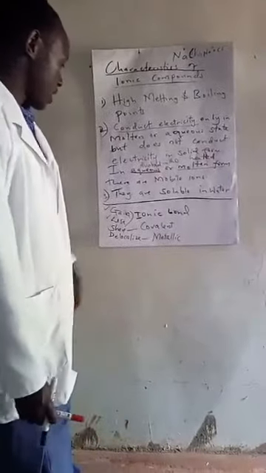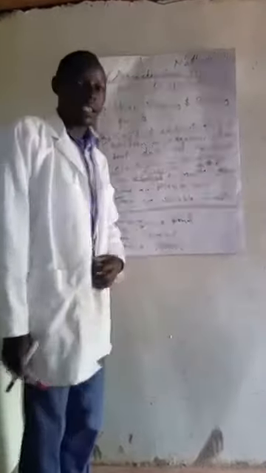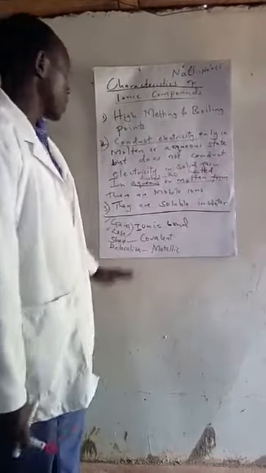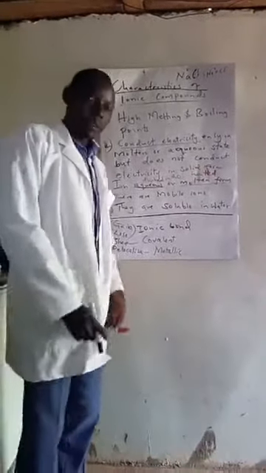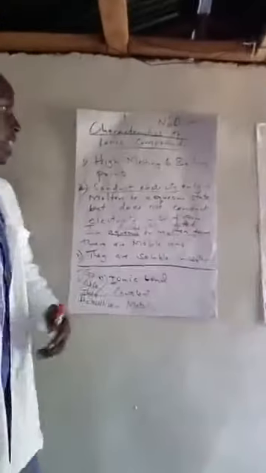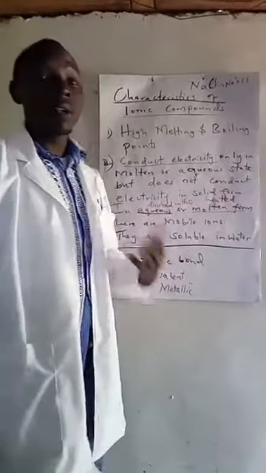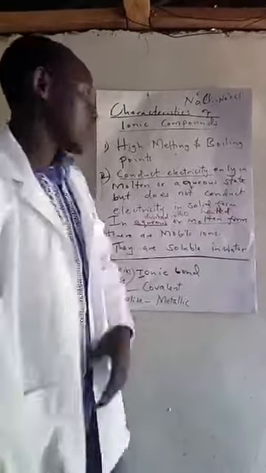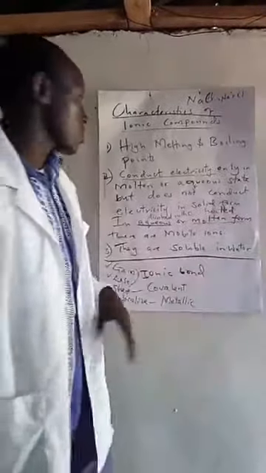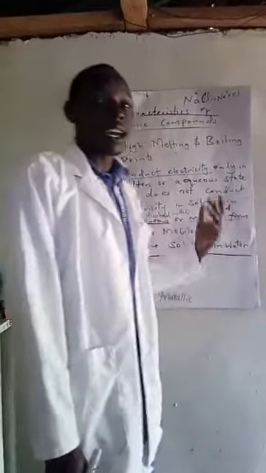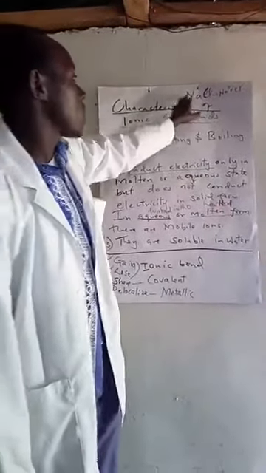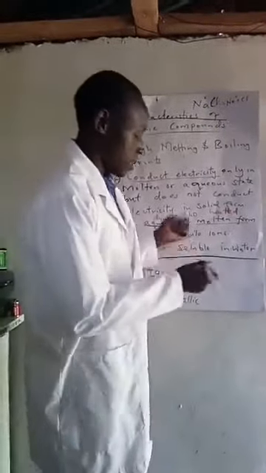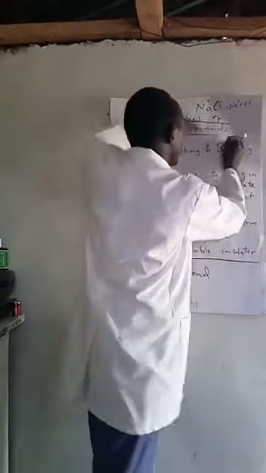In our next discussion, we shall look at covalent bond and the sharing of electrons. Here, today, we have talked about ionic bond. We have said ionic bond involves complete transfer of electrons, where one atom loses the electrons and the other atom gains the electrons. We have also looked at the giant ionic structure, for example, in sodium chloride.